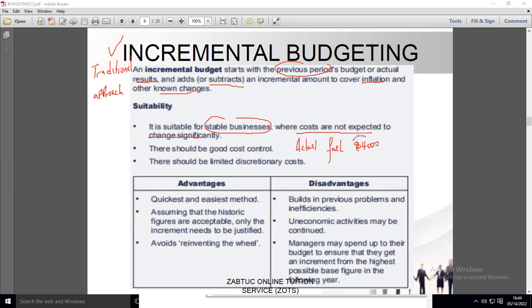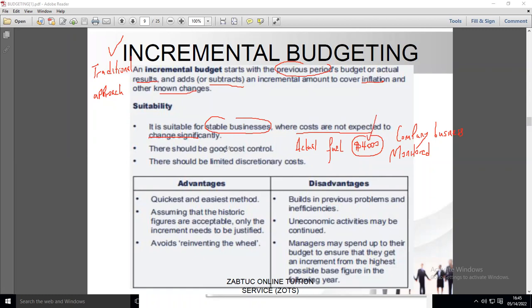If this reflects only fuel that was used on company business, and which was under monitoring, and this was monitored, then we are saying that it's okay, we can start from there.